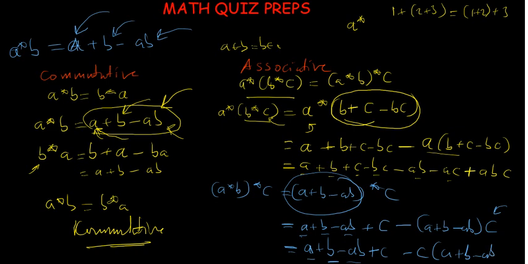So you can also write, this is the same thing. Multiplication is commutative. ac is the same as ca.